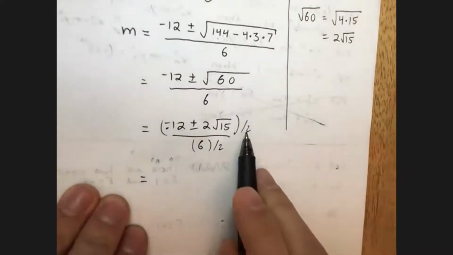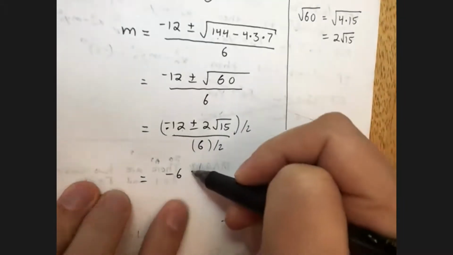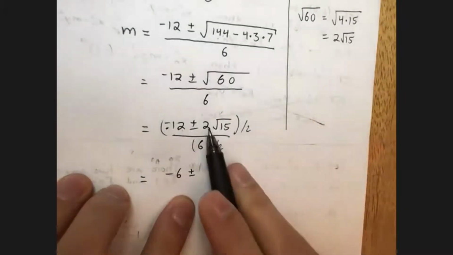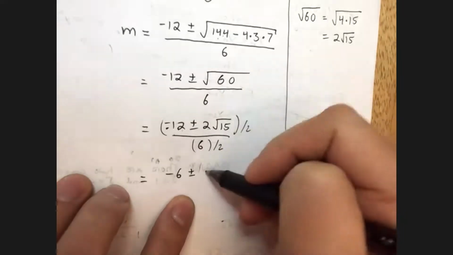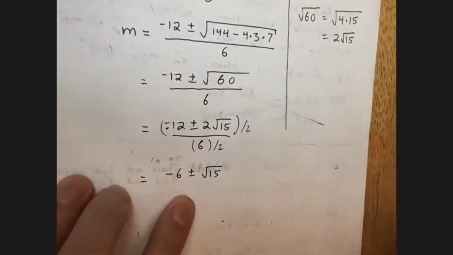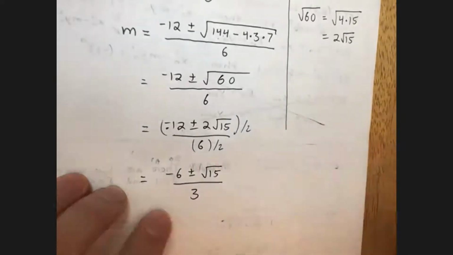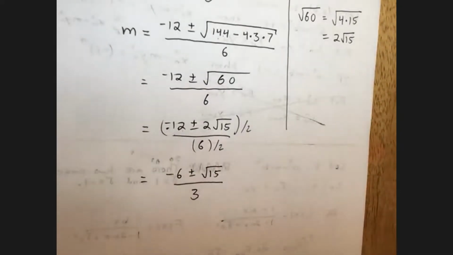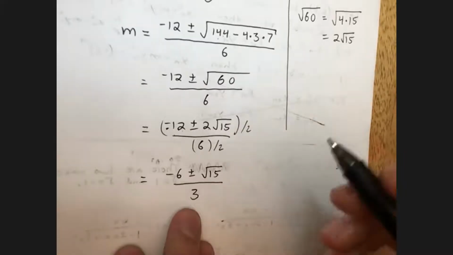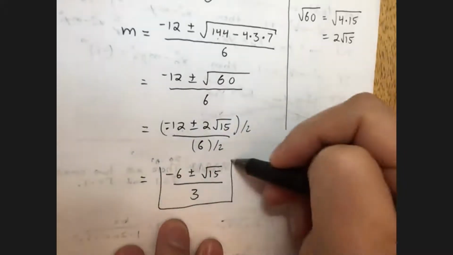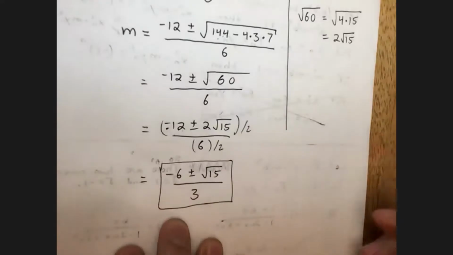Negative 12 divided by 2 is negative 6. 2 divided by 2 is 1. So I'm just left with root 15. 6 divided by 2 is 3. Okay, so that's one way to write the answer. You could just write it like this. Okay, that's a common way to write this kind of answer.